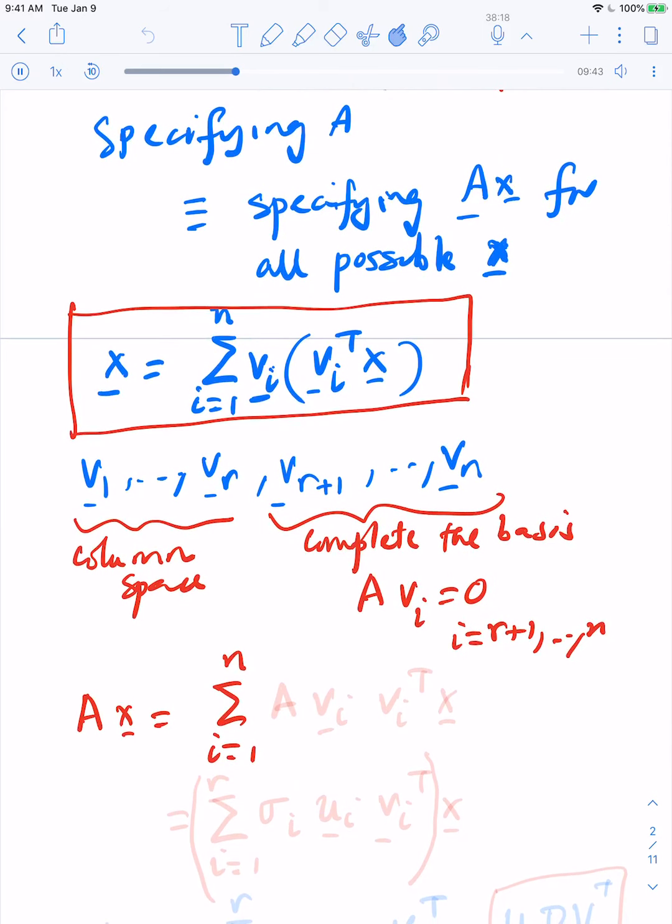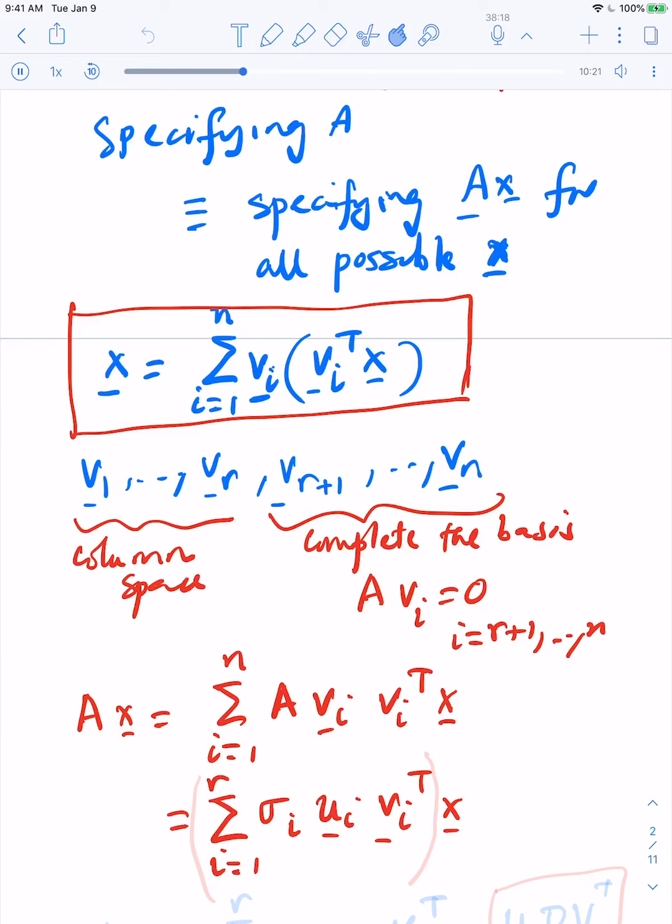The linear transformation goes inside the summation: A times Vi, then Vi transpose X. And of course, A times Vi is sigma i Ui, for i equals 1 to R. I can actually make it go from i equals 1 to n also by letting sigma be equal to 0, but let me just go with this for now. Sigma i Ui Vi transpose X.